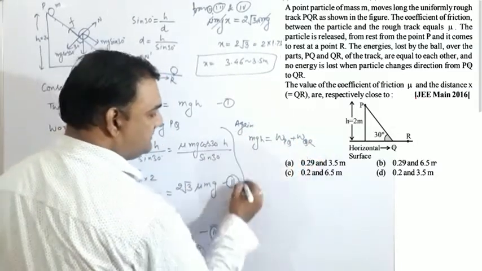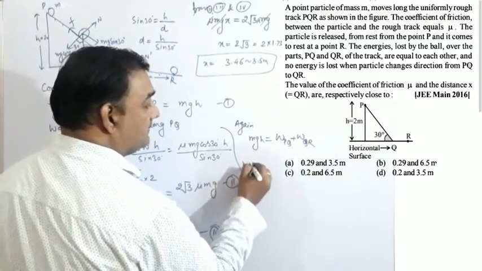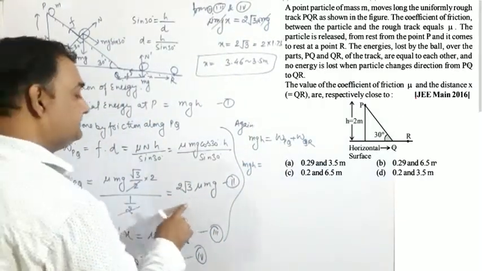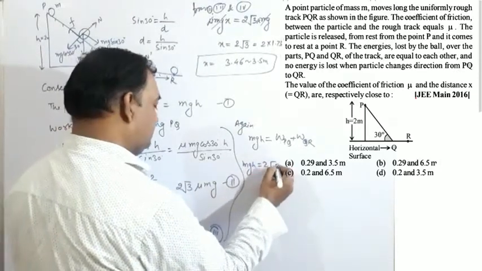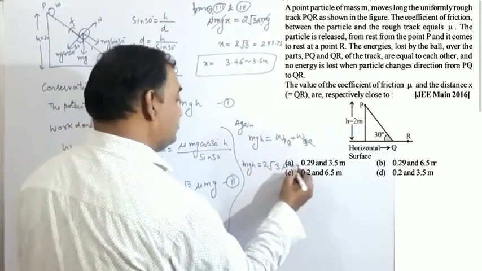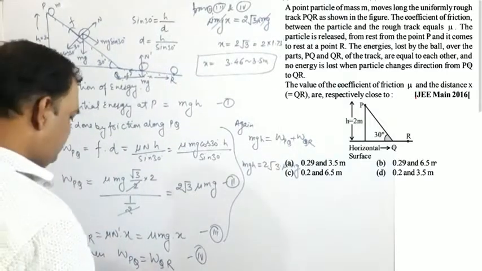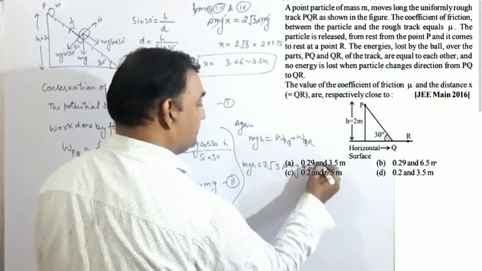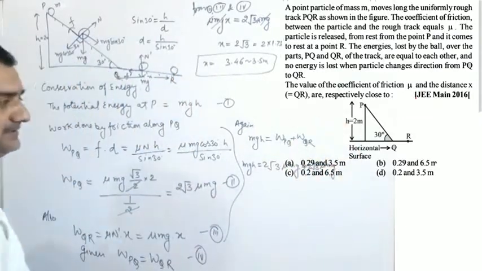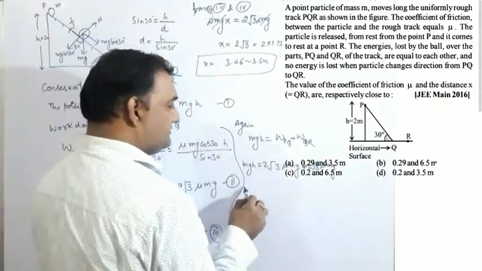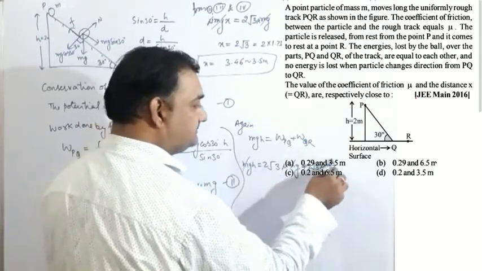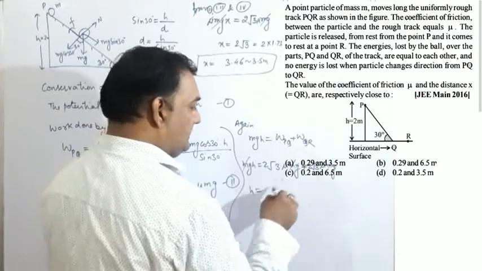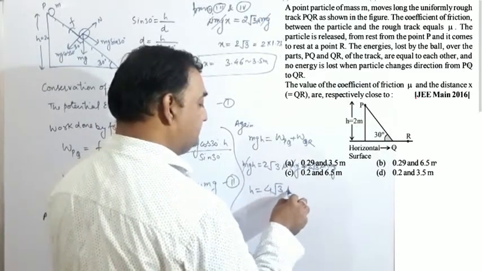So mgh will be equal to P to Q, which is 2 root 3 mu mg, and they both are equal, so again we can put it as 2 root 3 mu mg. Now mg gets cancelled from this equation, and that gives 4 root 3 mu.